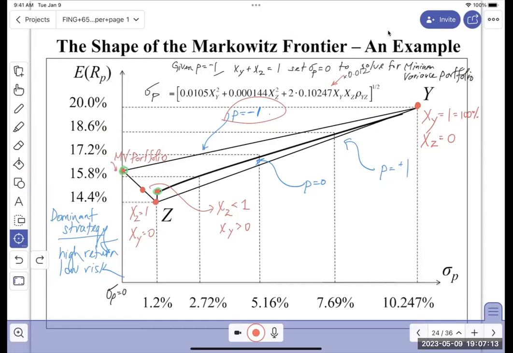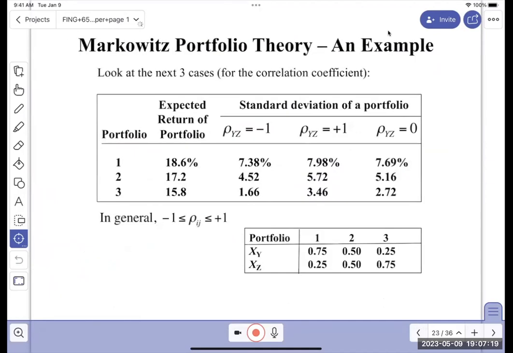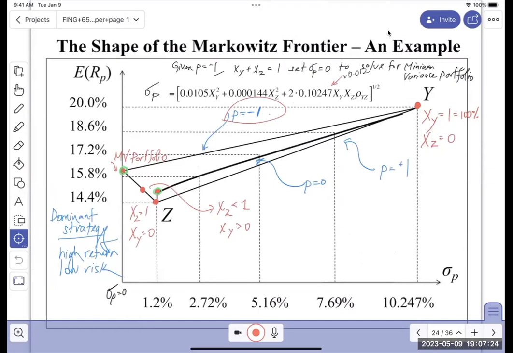So let's look at a few different combinations. I've done a few calculations here and I've marked them. Let's look at this one here for expected return.